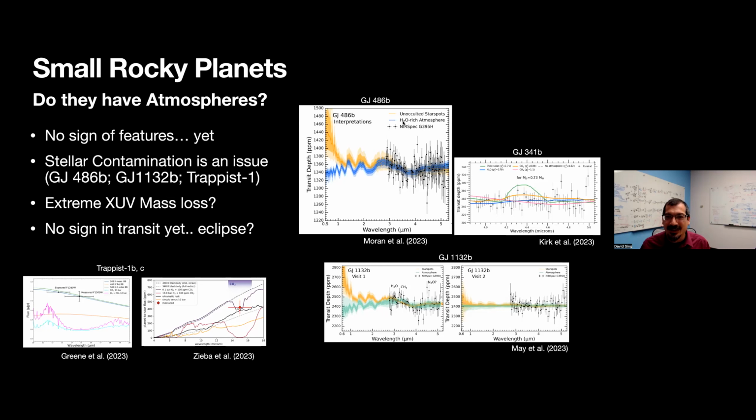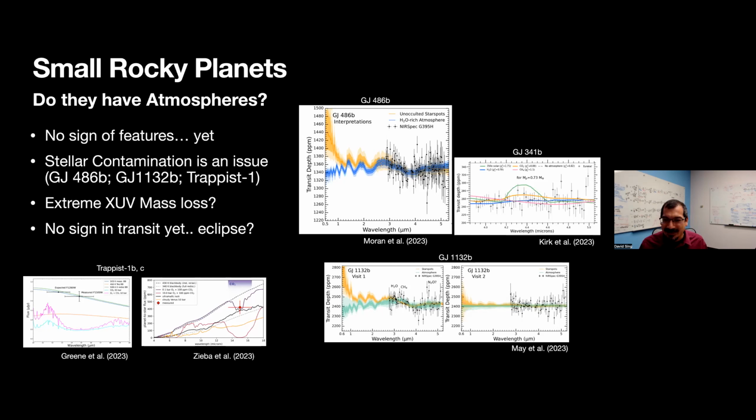And so here's a model of unocculted stellar spots sort of here in orange, and a model with a water-rich atmosphere here in blue. And so you really can't distinguish with just this data set. We really need shorter wavelengths to really distinguish between these two scenarios. And then other planets like 1132, the spectra seems to change a little bit from one visit to the other, possibly because this activity is changing.